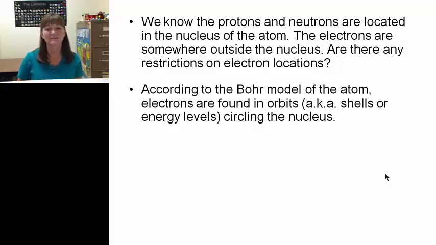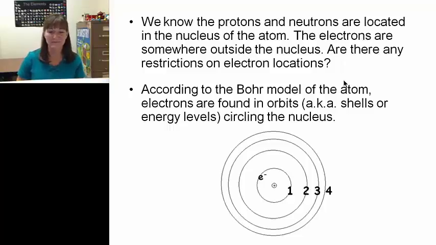According to Bohr's model, which was the first model of the atom that depicted the electrons as having specific locations, the electrons were located in orbits around the nucleus, similar to the planets rotating around the sun in an orbit.